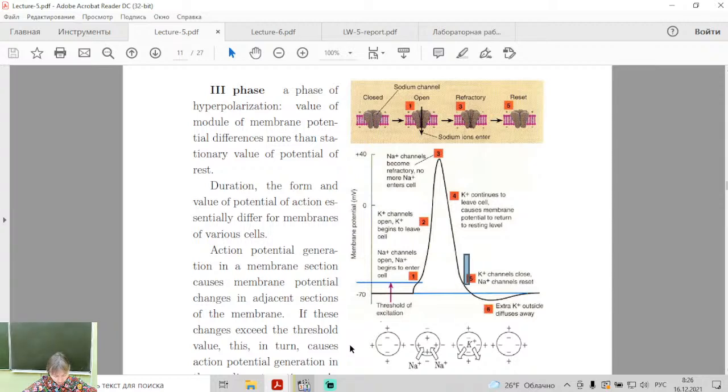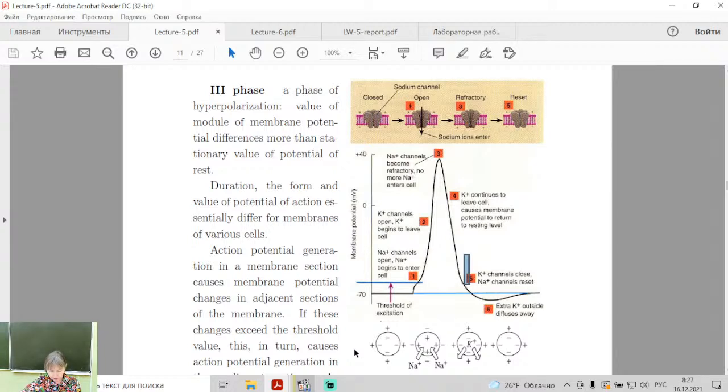Then the sodium-potassium pump is activated to recover the sodium and potassium concentrations, which become close to the initial ones. As a result, the membrane potential again becomes negative.